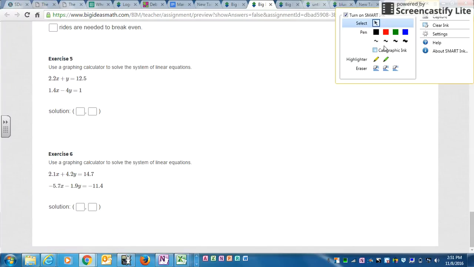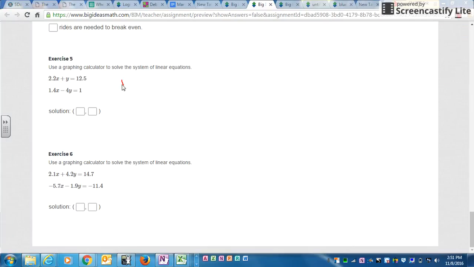So let me do exercise 5, hopefully really quickly. So I'm going to subtract 2.2x from both sides to get y equals negative 2.2x plus 12.5.